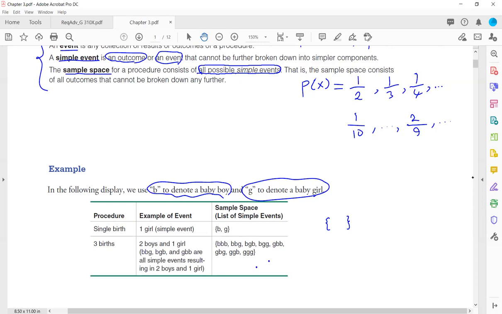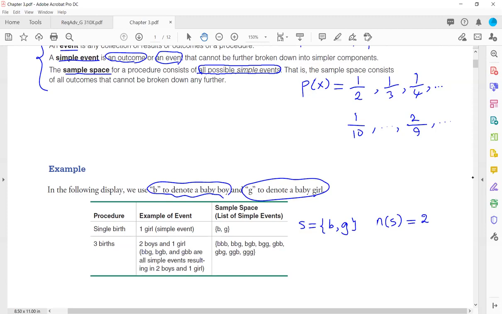In the first procedure with a single birth, your sample space has only 2 elements. You can write S, the sample space, equals boy and girl. N of S, or the total number of values in the collection, is 2.